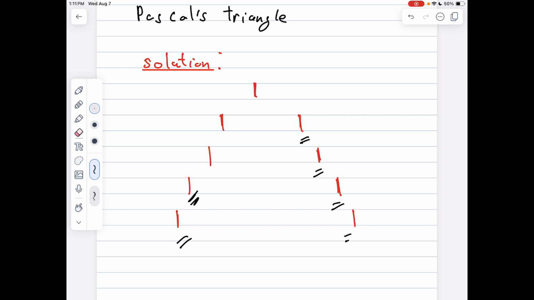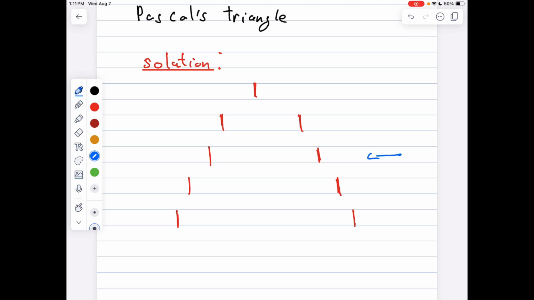Now, starting from this third row of 1s, let me point that out, this one, you're going to have some numbers in the middle. The way you get those numbers is by adding the two entries above together, and that's where the middle goes. So that's where that space is filled in.